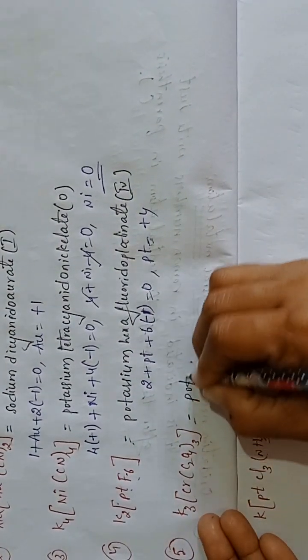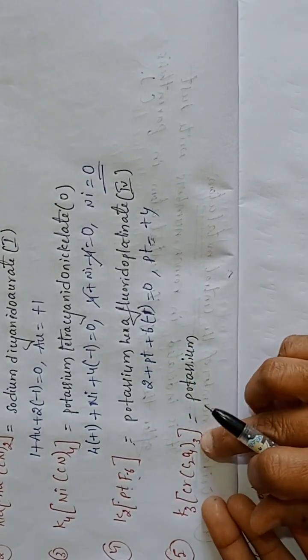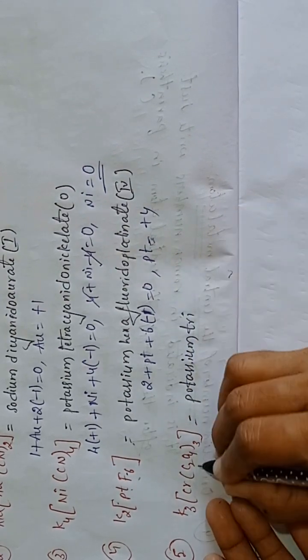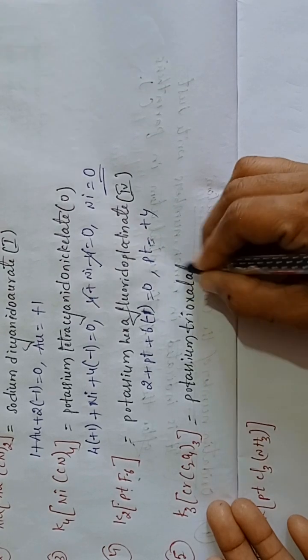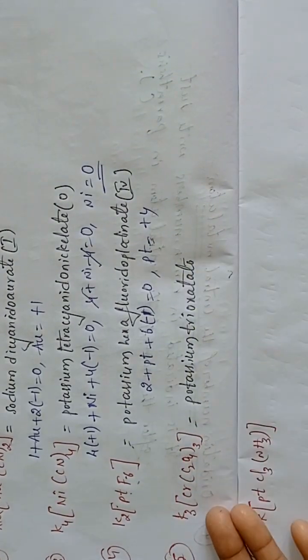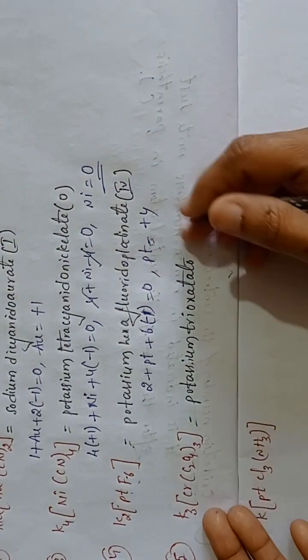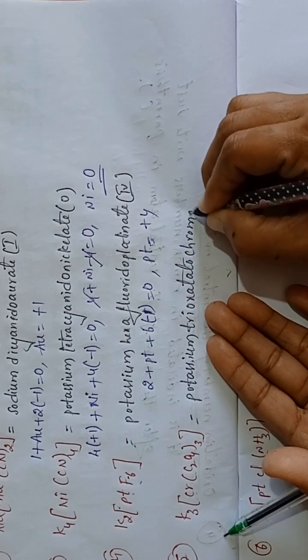Now see this one. Potassium. Here 3 oxalate ions are there, C2O4, oxalato. Clear? This is the number of ligands completed. This is the name of the ligand, oxalato. Next, name of the central metal atom, chromium, chromate. Next one, oxidation number.